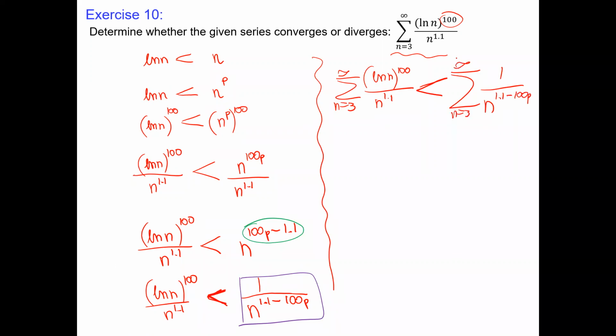But this is convergent if this quantity is greater than 1: 1.1 minus 100p must be greater than 1.